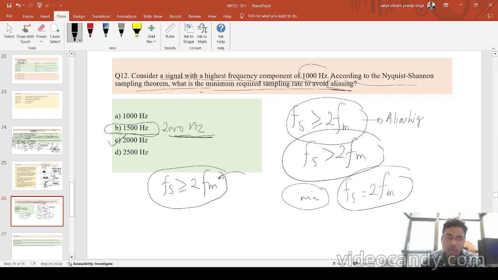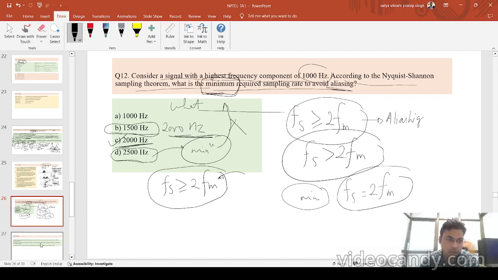And if minimum is not written, and they just ask what sampling rate is required to avoid aliasing, it means it should be greater than 2000. So the correct answer will be 2500 in that case, if minimum is not given in the question. Okay, is it okay to everyone?